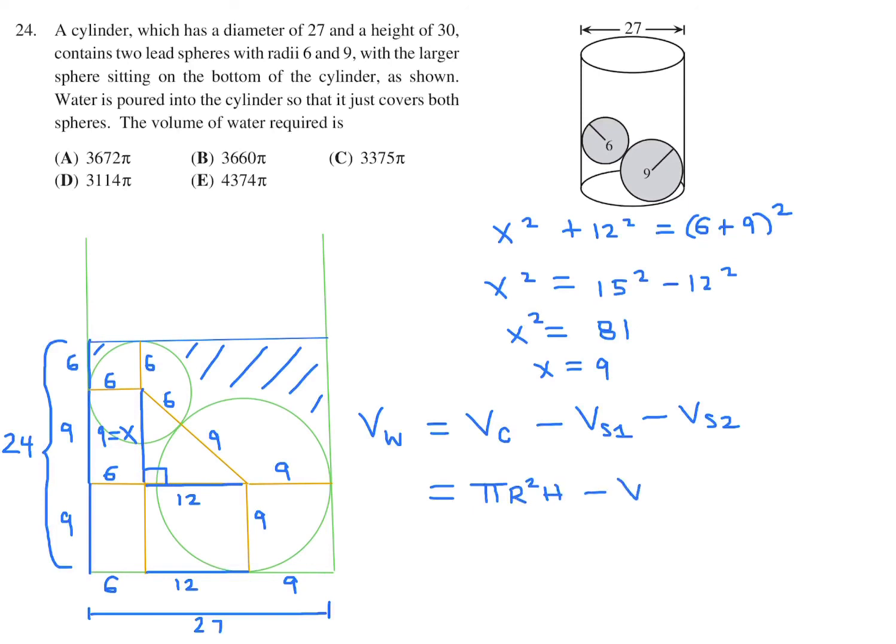The volume of a sphere, just in case you don't know the formula, is 4 over 3 pi r cubed. So VS1 would basically be equal to 4 over 3 pi r1 cubed, and the volume of sphere 2 is 4 over 3 pi r2 cubed, like that.